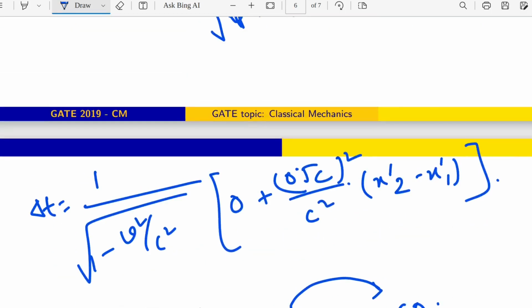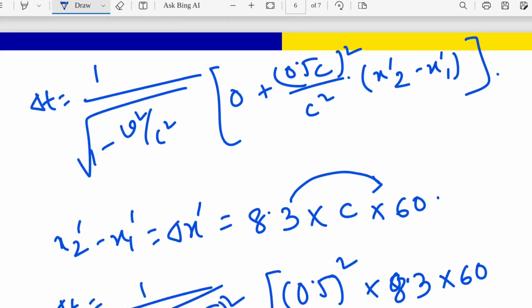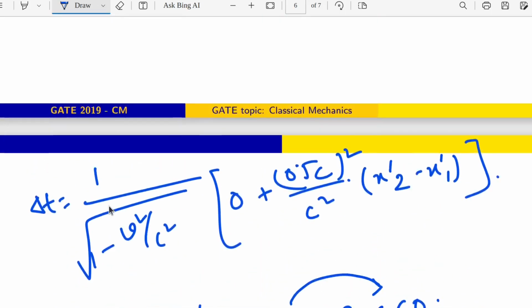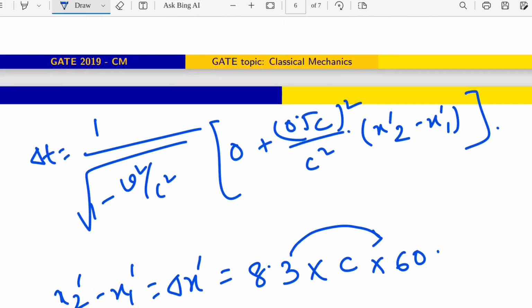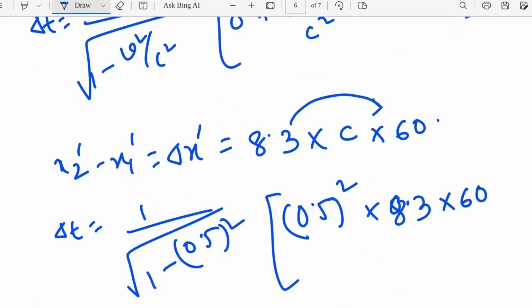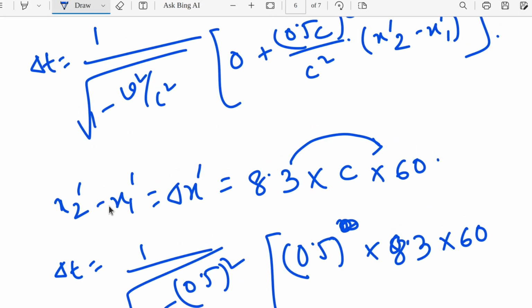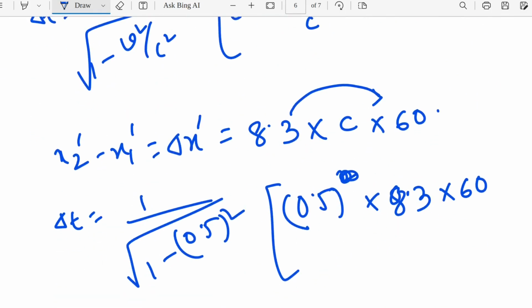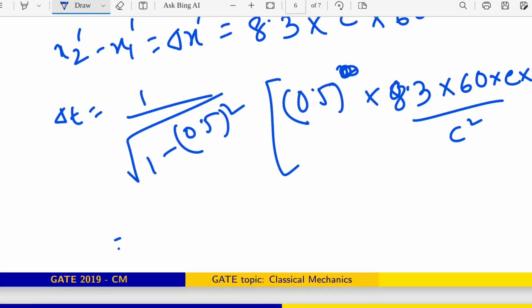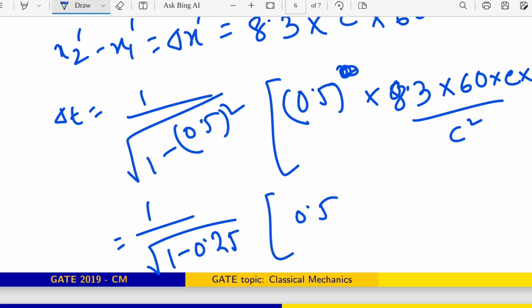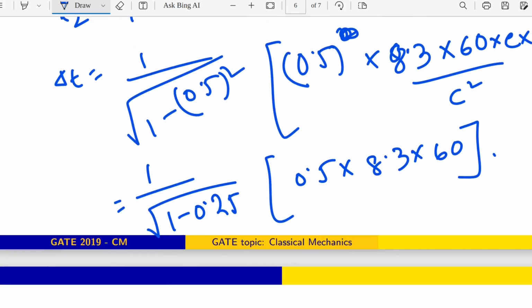You can see that c square is there, and v by c becomes 0.5 c by c, so c times c divided by c square cancels out. It comes as 1 over root of 1 minus 0.25, times 0.5, times 8.3 times 60. That will be the exact value of delta t in seconds.